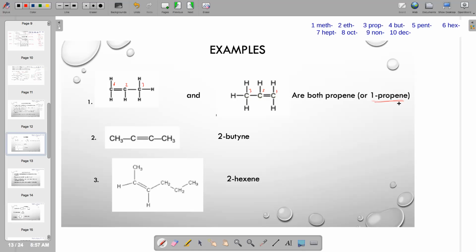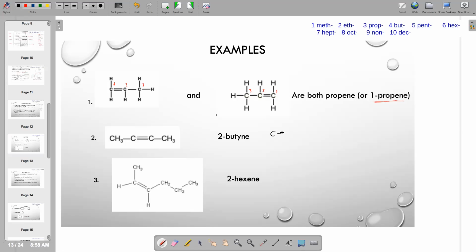A better example, so when you get into complex examples, that's where the examples make more sense. This number 2, 2-butyne, refers to butyne that has the triple bond on the second carbon. There's another way to write that, and that's if I draw it in the stick model.